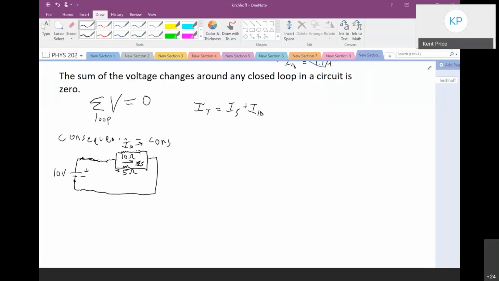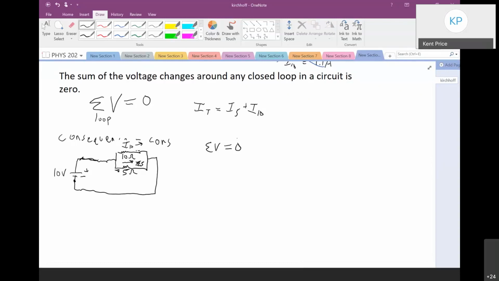We're going to go around the loop until we get back to where we started. Every time you have a voltage change, you write it down on the left side of the equation. So here's the sum of voltages equals 0. On the left side, I keep track of all my voltage changes, and on the right, I'll have 0 when I get back to where I started.